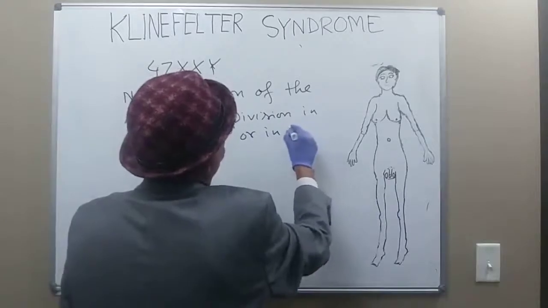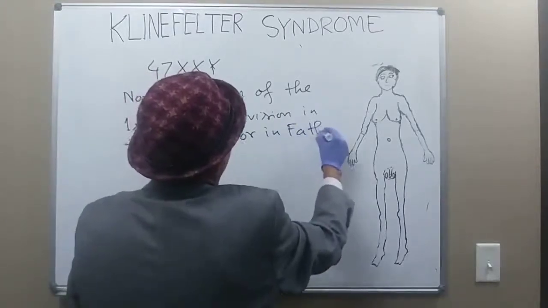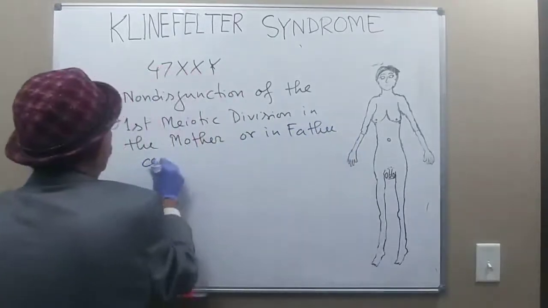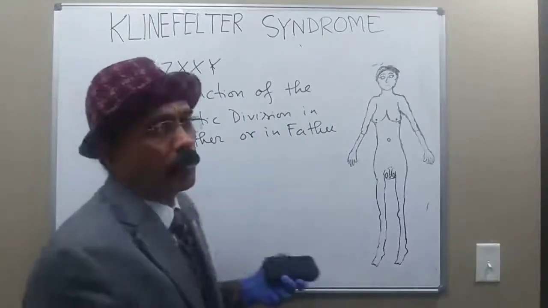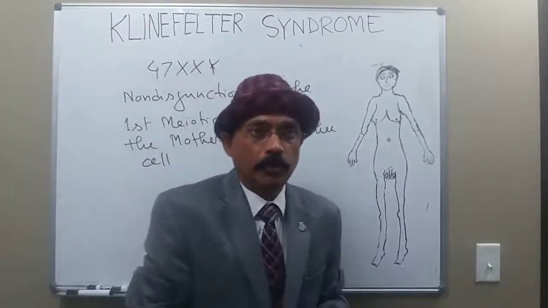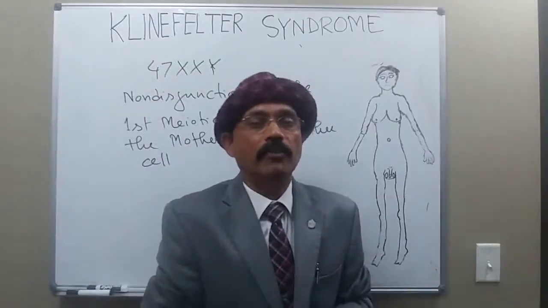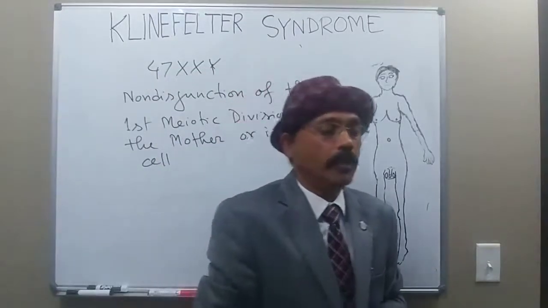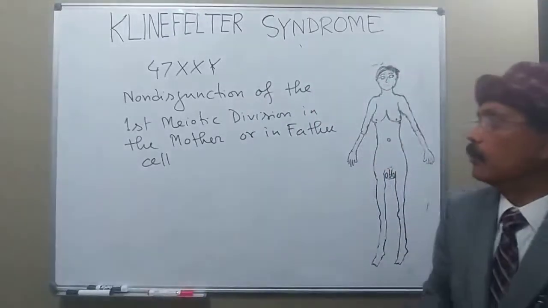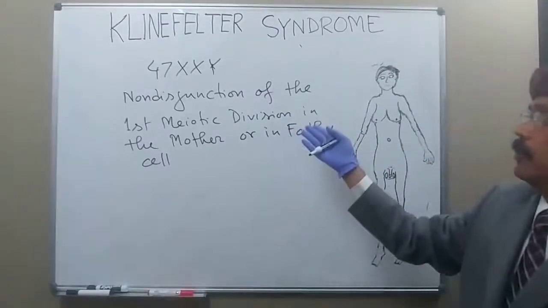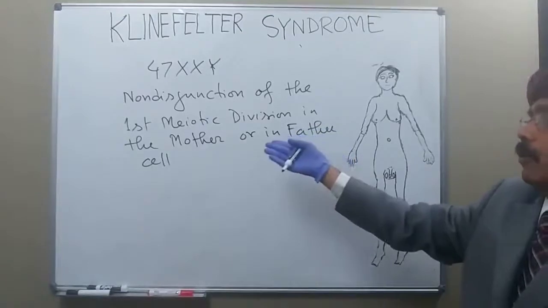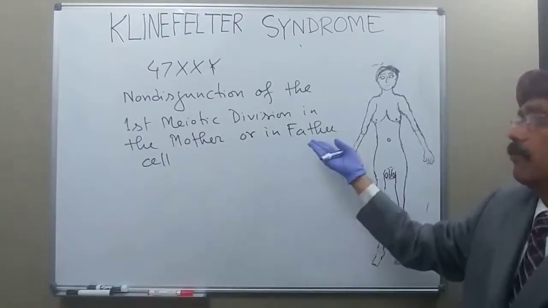Father's cell means spermatozoa, and mother's means ovum. We have meiosis in the spermatozoa and ovum. So especially in the first meiotic division, there may be non-disjunction, in the mother or in the father.